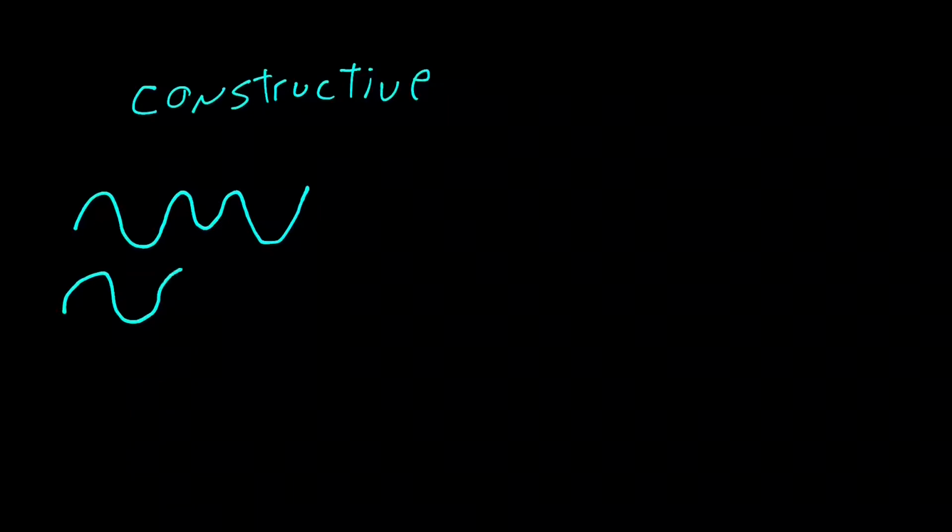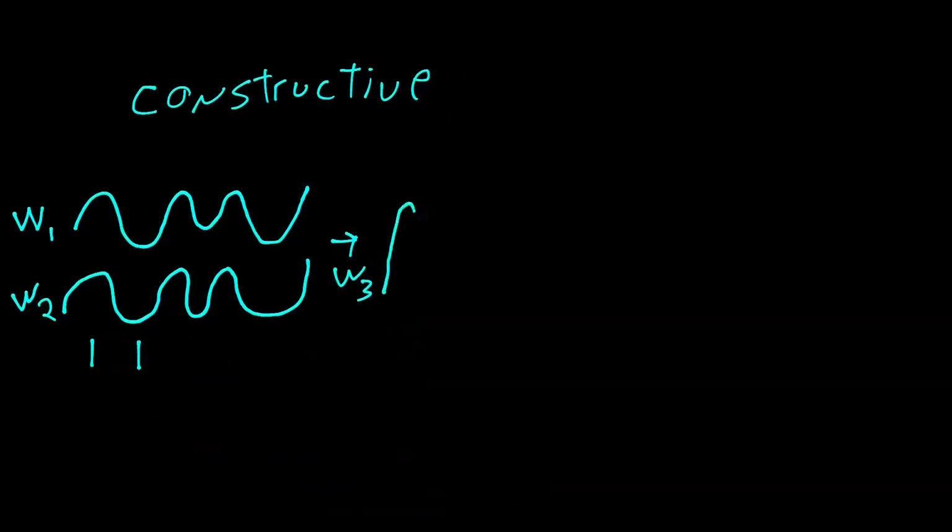It mimics wave 1, with the same pattern and same phase. The peaks align with the peaks, and the troughs align with the troughs. This is wave 1, this is wave 2, and then they will combine to form wave 3, which will be a constructive wave and have twice the amplitude of wave 1 and wave 2.